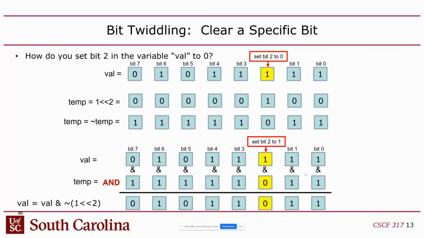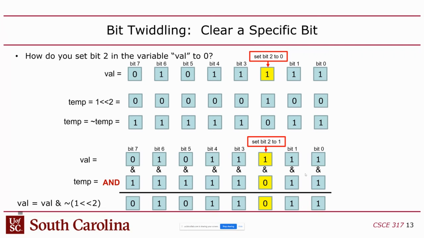So you take the original value val and you do a bitwise AND with the temporary value, and that will basically act as a bit mask where all of the bits aside from bit 2 in the original value are just ANDed with 1, which just gives you whatever the original value was. But bit 2 is ANDed with 0, which clears it. And that was our goal, to clear bit 2 without touching the other bits.